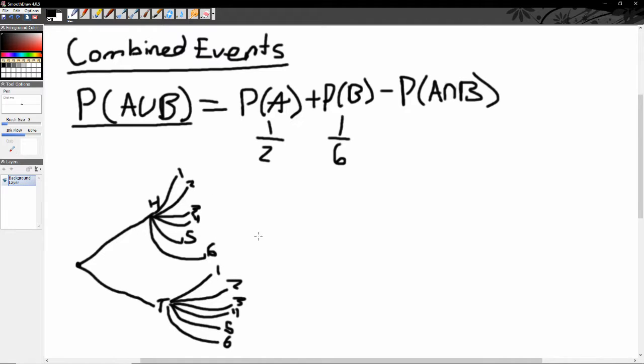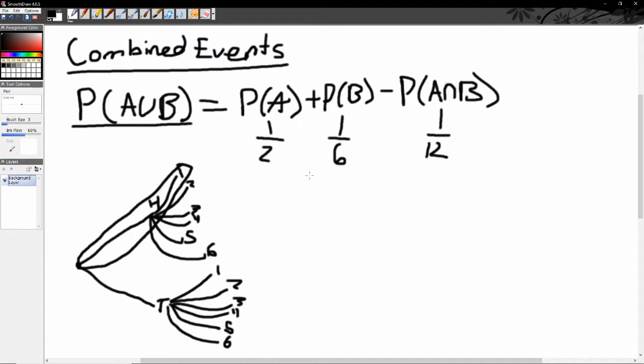There's 12 possible outcomes here. And how many of them have both flipping heads and rolling the number 1 on the die? Well, first you go up through the heads, and then you get to the 1, and you'll see that only 1 of the 12 branches contain both of those. So the probability of both is 1/12.